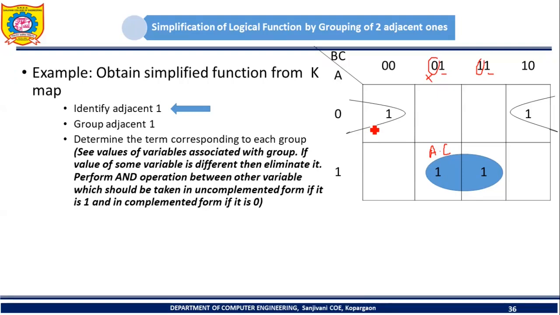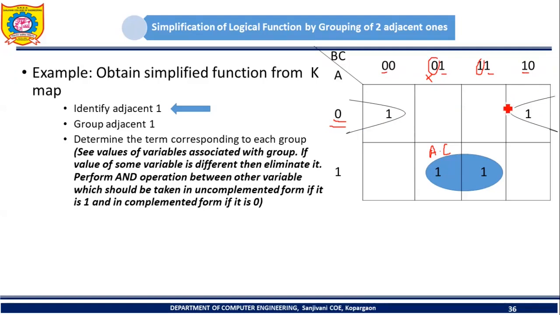We have to identify which letters are constant and which letters are changing. So for this group, is the value of A constant? Yes, the value of A is 0 for this group, right? So A is not changing, so we should consider A while writing the term for this particular group. Then what about B? See, here the value of B is 0, and here the value of B is 1.